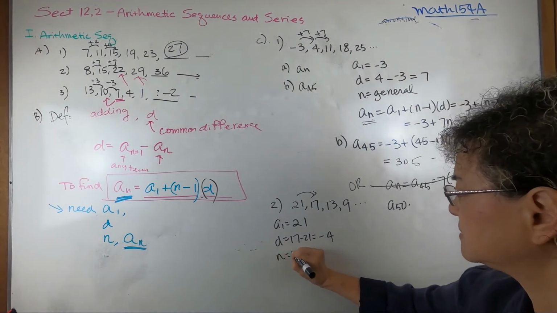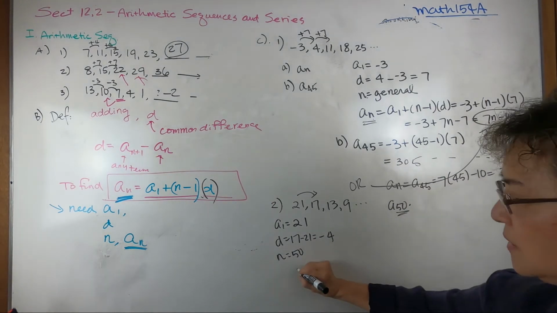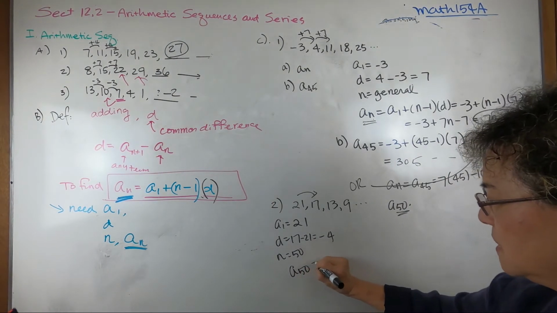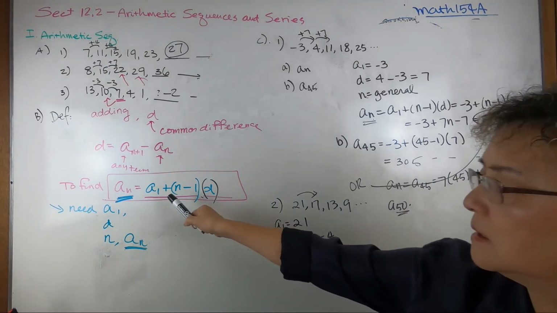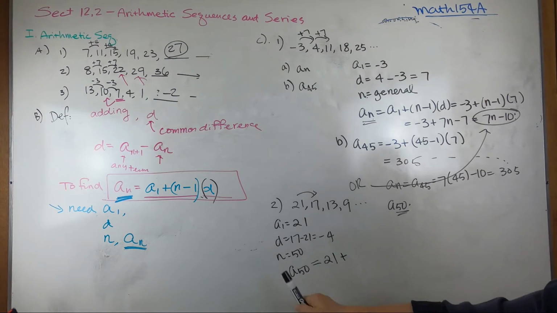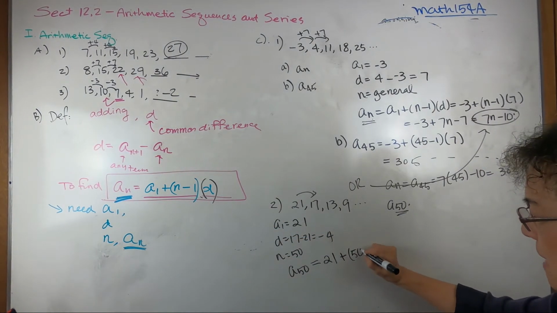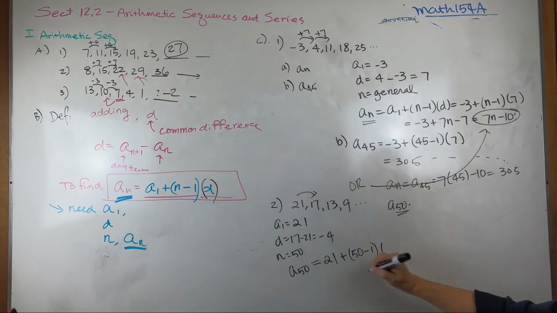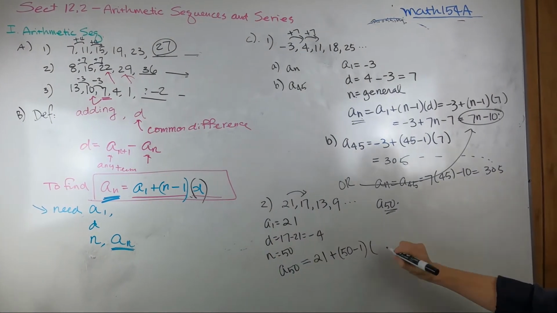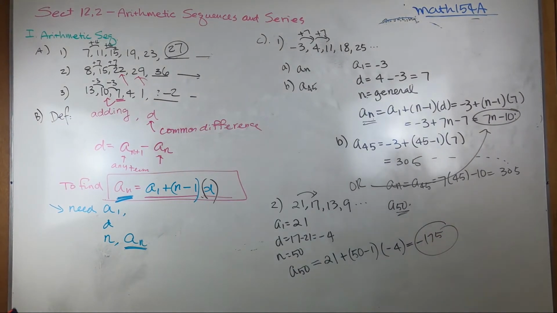So our N is the 50th term, right? So we want to find A50. A50 will be A1, which is 21, plus N minus 1, so 49 positions away, times your D, which is -4. So you plug in, you just do your numbers, and you will get the answer.